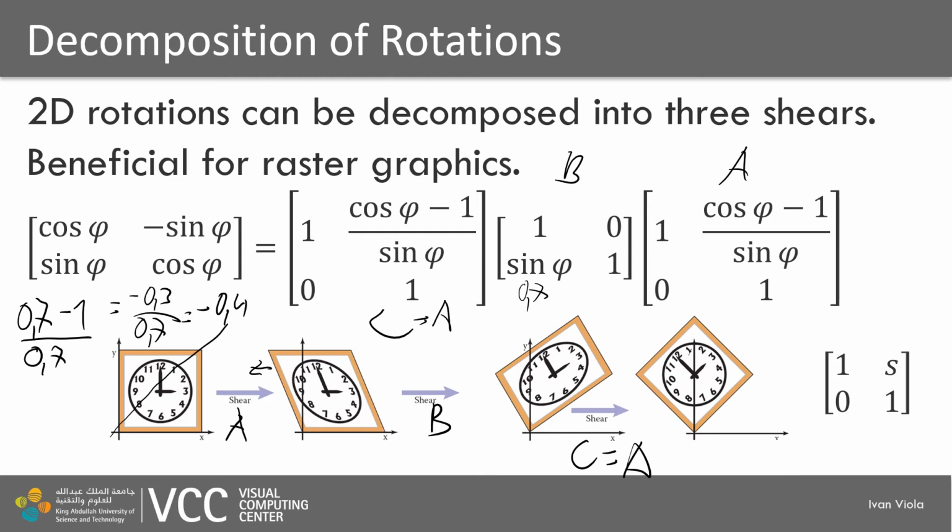But if we are, as you can see here, just shifting rows by a certain offset, and then shifting columns by a certain offset through the shear transformations, then we will end up with a much better realized rotation. So for raster images, it is beneficial to change a transformation of rotation into a transformation of 3 consecutive shear operations.